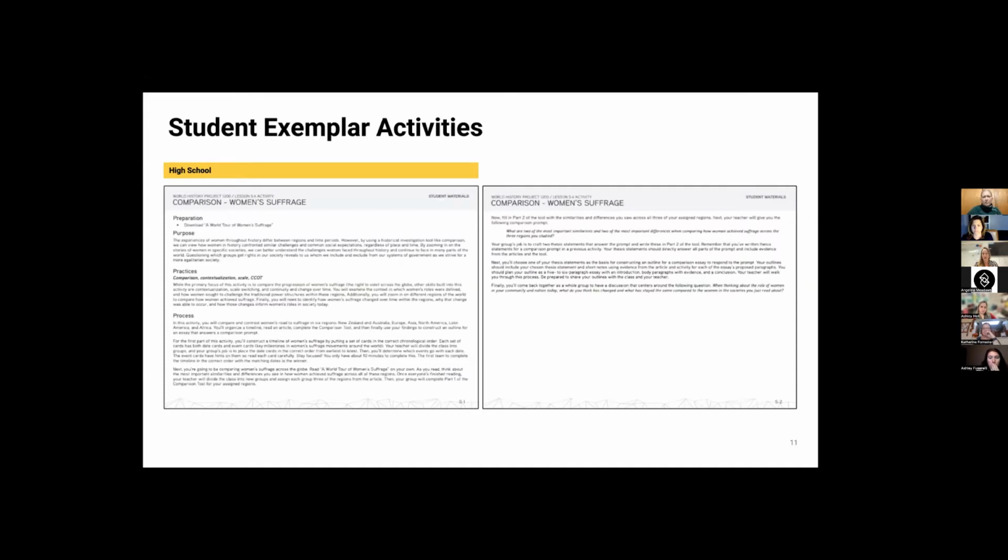Okay, so our first sample, this is our high school one, and I know the text is a bit small, so I'll preview and let you know what the content is all about. This focuses on World History Project, and the World Tour of Women's Suffrage is the activity being used. The goal is to have students take a world tour to look at how women's suffrage has traveled around the world, and how different locations and places have had a different journey to women's suffrage.